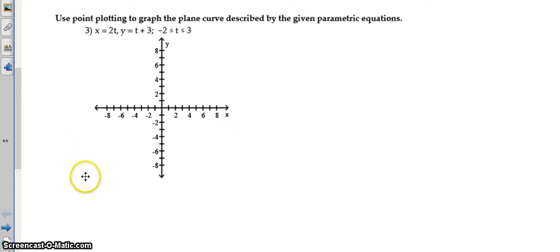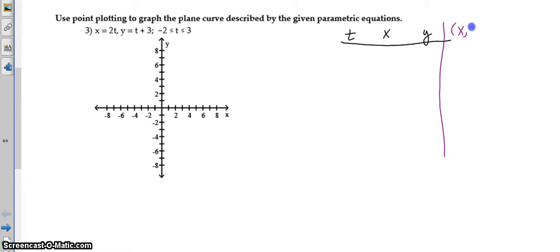Well, one way to do this is to just use a table of values: t, what's x, what's y, and then if you want, many times we'll add an optional column writing x and y as an ordered pair. I don't think we'll do that because we can see what the x and y happen to be. Well, before we get into that, let's take a look at what we're looking at here.